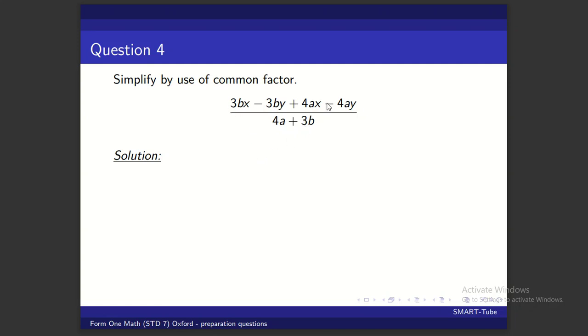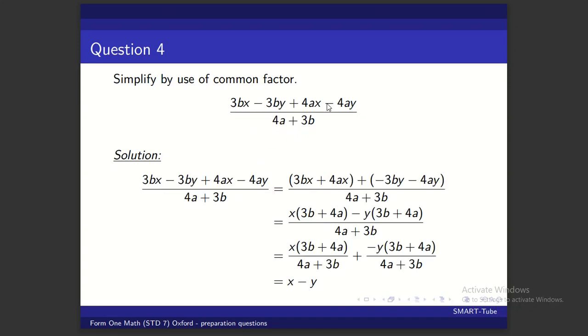Now let's rewrite this one. We need to find a way to have a similar structure like this, 4a plus 3b. So here you have 3bx. From this one we have 4ax.